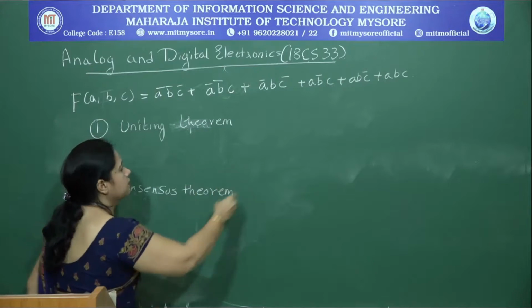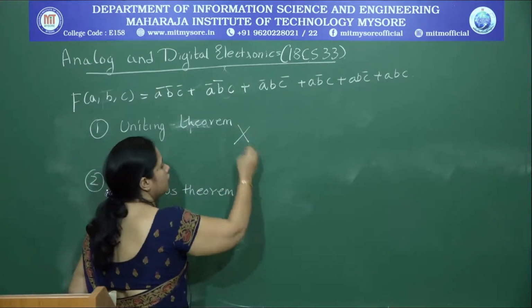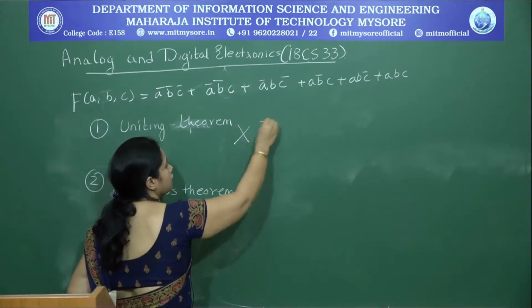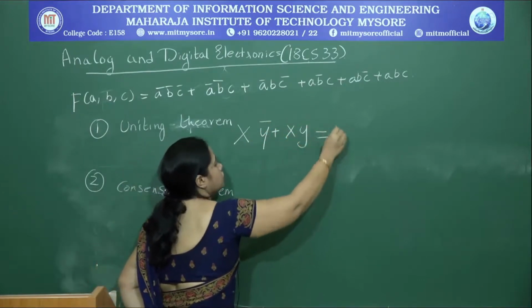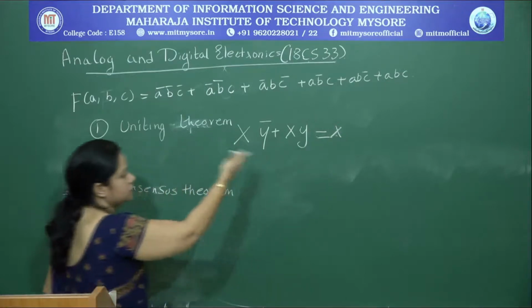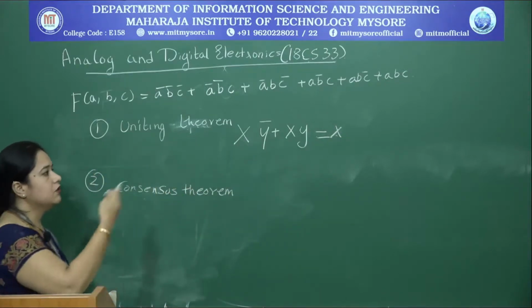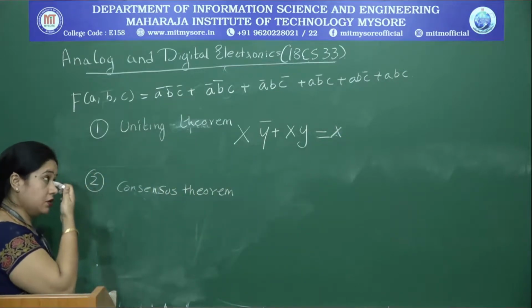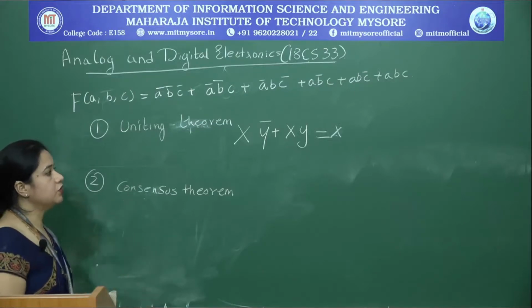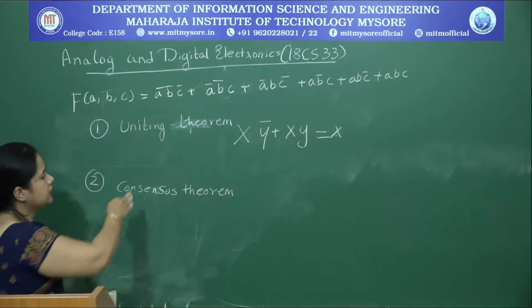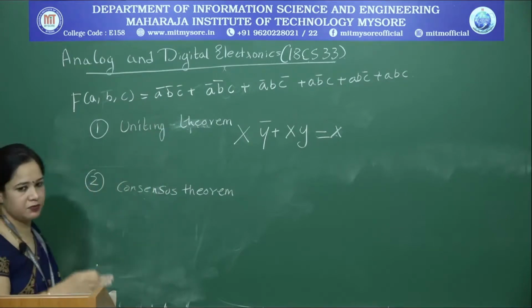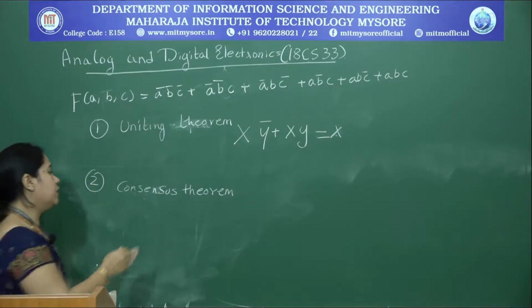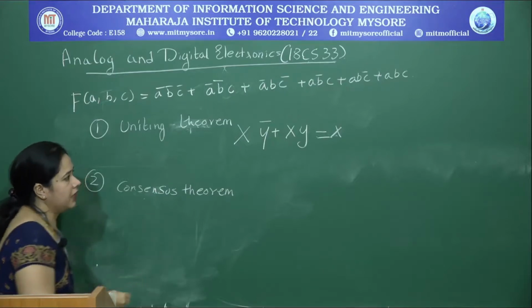Uniting theorem, you already know: if you have an expression of this form, this gets reduced to x. We are taking x common, y bar plus y becomes 1. So, it is reduced to x. This is the uniting theorem which we go on applying on a given expression till further simplification is not possible, and look if the consensus theorem can be applied.